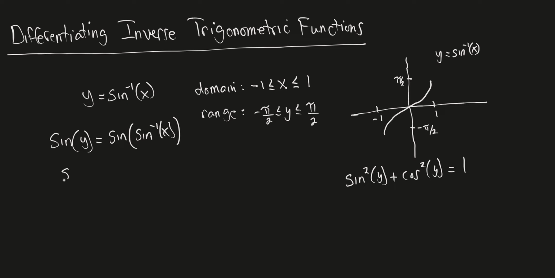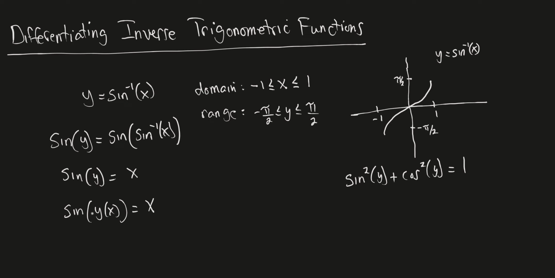So what I have on the right-hand side is this. It's now an implicit curve because I don't have my dependent variable isolated. But remember, we still assume that y is a function of x.